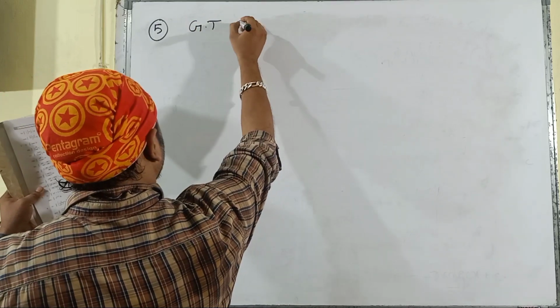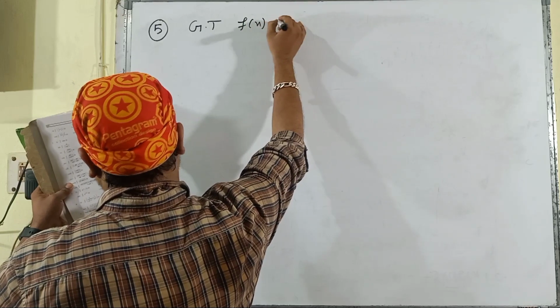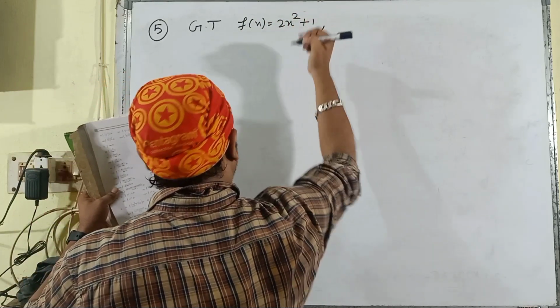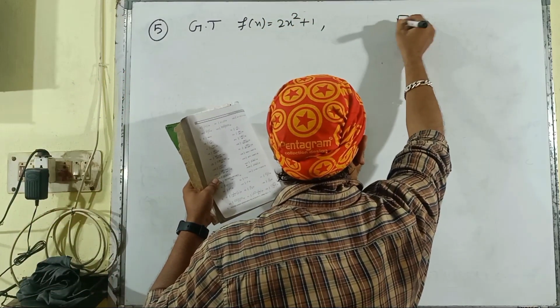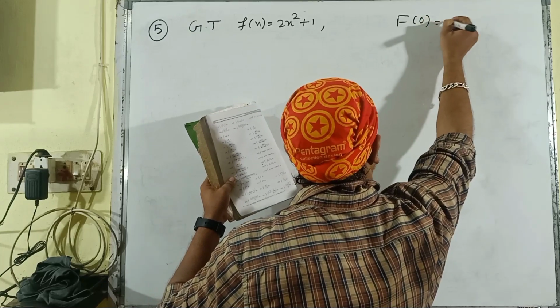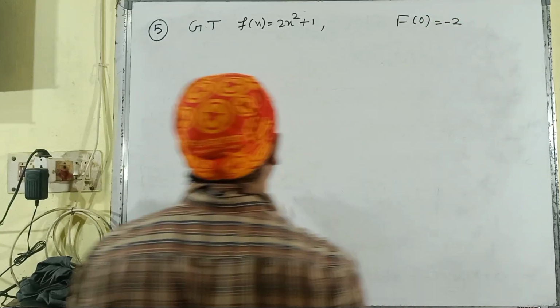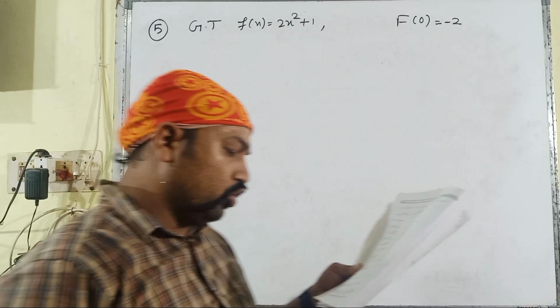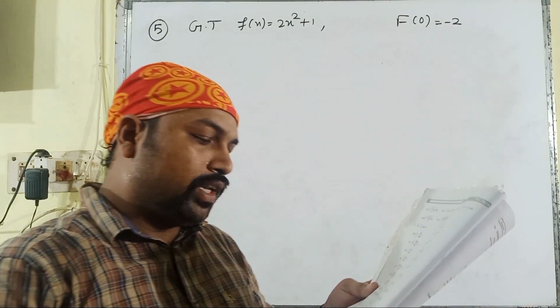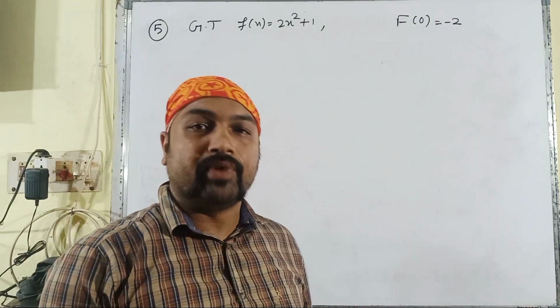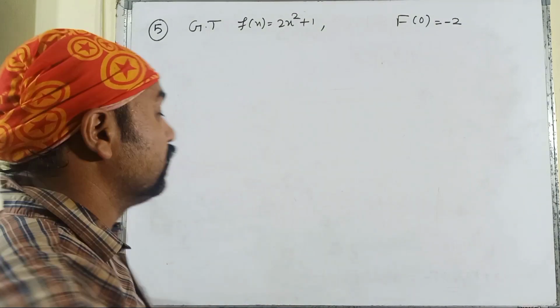Given that small f of x is equal to 2x square plus 1, and it is also given that capital F of 0 is equal to minus 2. It is also given that the integral of small f of x is capital F of x, and it is the unique antiderivative.